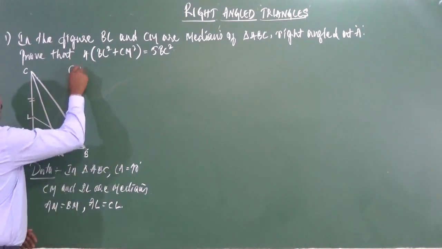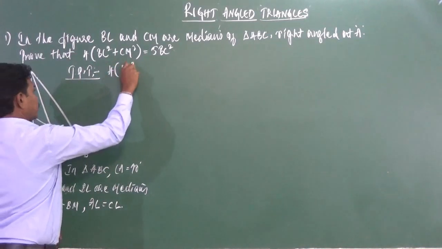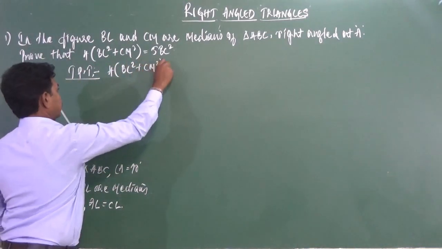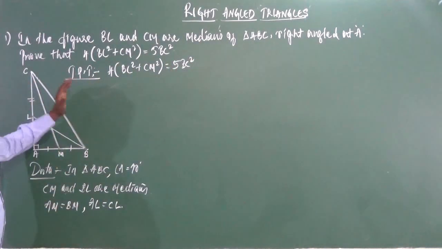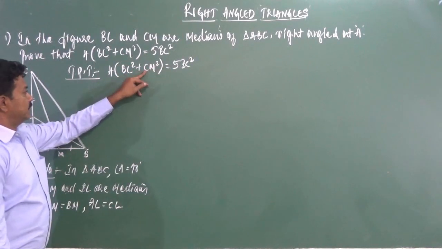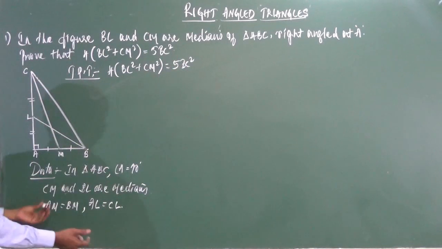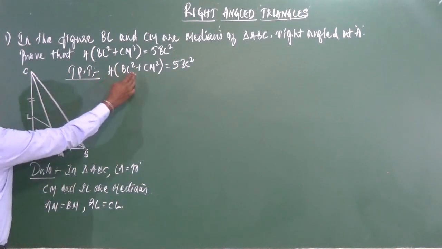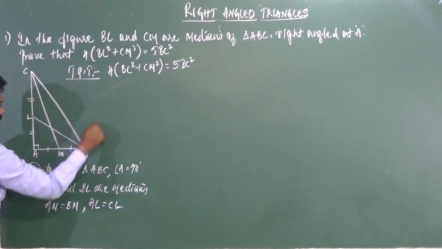So we are going to prove that 4 into BL square plus CM square is equal to 5 BC square. So that means 4 times the square on BL plus the square on CM is equal to 5 times the square on BC. That is very simple. 4 times the square on BL. So BL is this side, BL has a square on it.